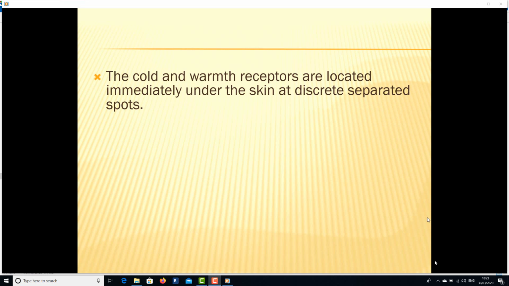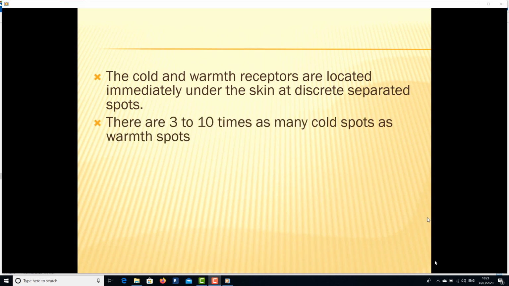The cold and warmth receptors are located immediately under the skin at discrete separate points, spots. You have already done the classification of receptors: Meissner's corpuscles, Ruffini's endings, Merkel discs.